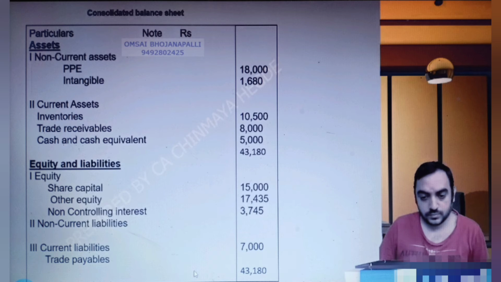Okay, now let's first focus on the adjustments of this dividend treatment. Then we look at the revaluation profit, whatever we have. Okay, so analysis of profits.